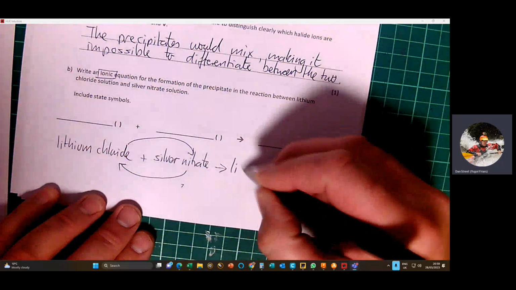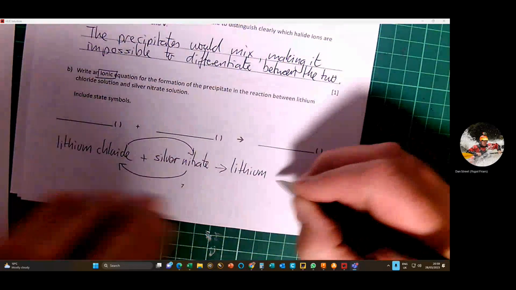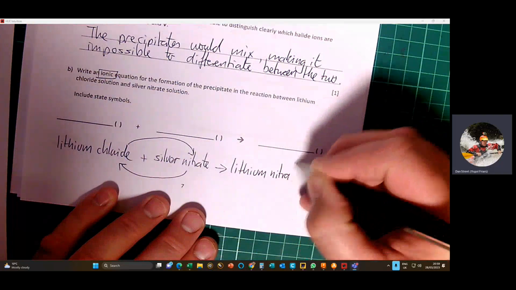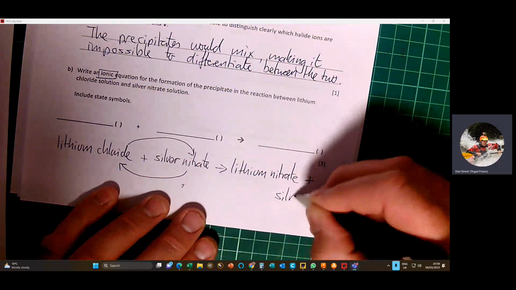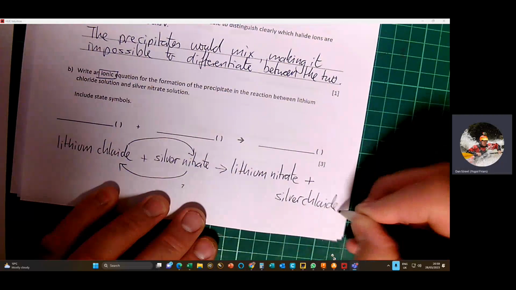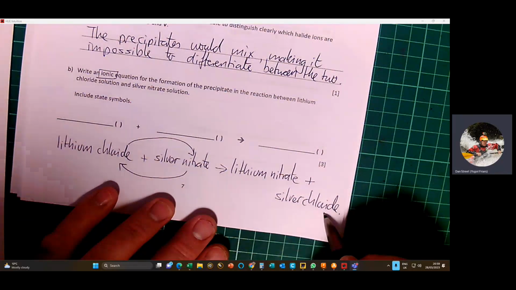So we end up with lithium nitrate, which is soluble and we don't see. Okay, and we end up with silver chloride, which is the white precipitate. Okay, so that's the white precipitate because it's chloride.